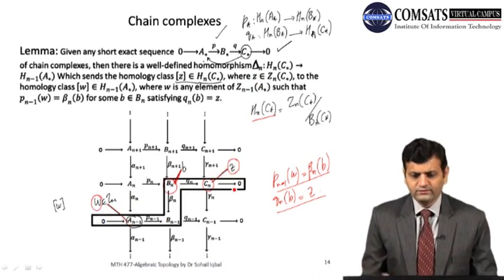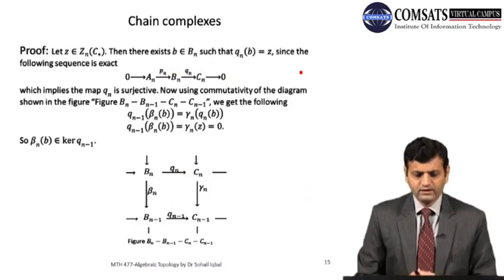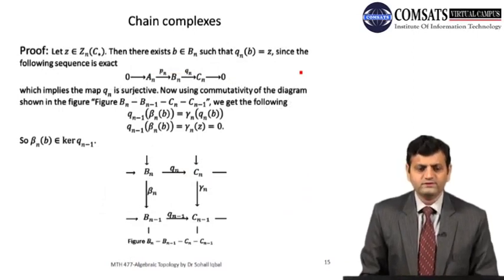Now we have to show that this assignment, the image of Z being equal to W, defines a well-defined homomorphism. Okay, so let's see how to prove this result.